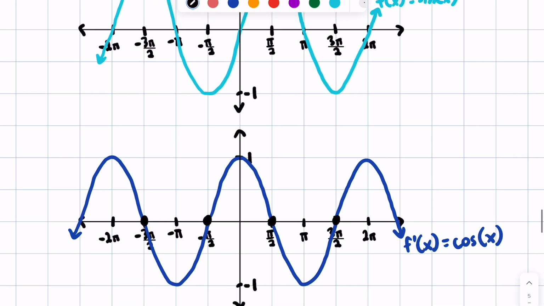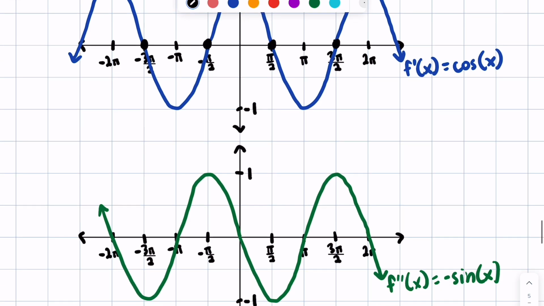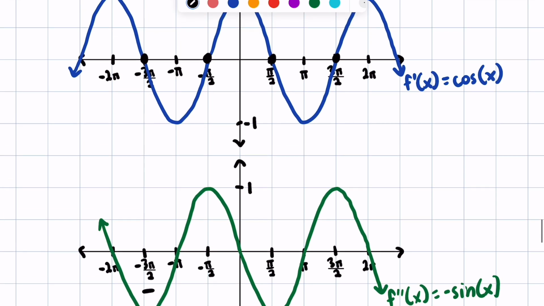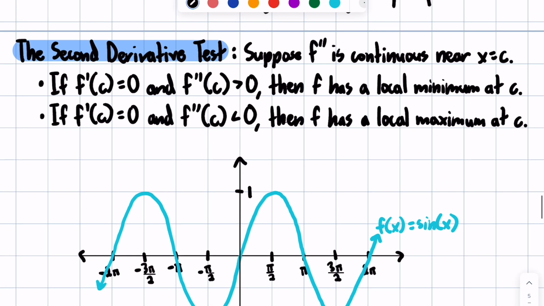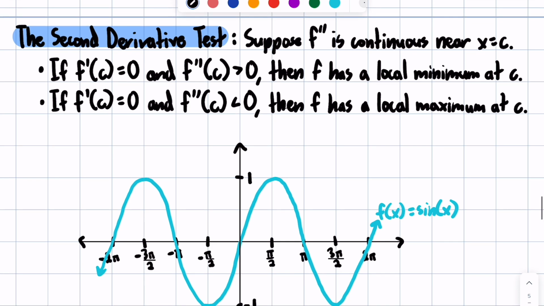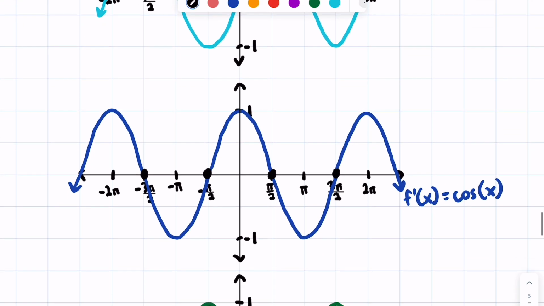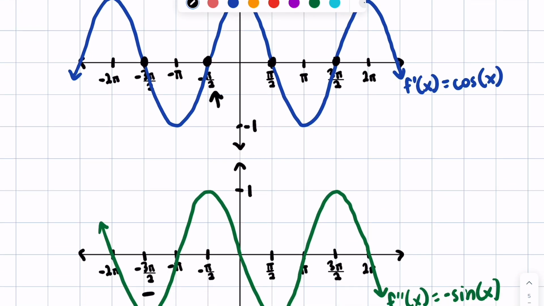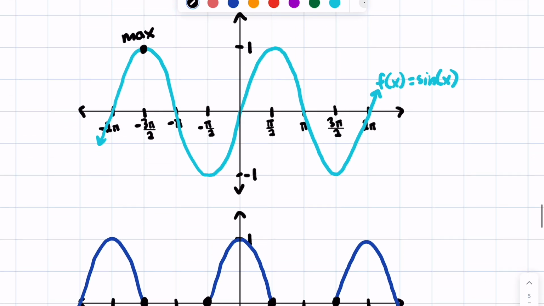So, at negative 3 pi over 2, our second derivative is negative, which means, based on the second derivative test, that this is going to be a local maximum. At negative pi over 2, which is our next 0, the second derivative is positive, so sine is going to have a minimum there.